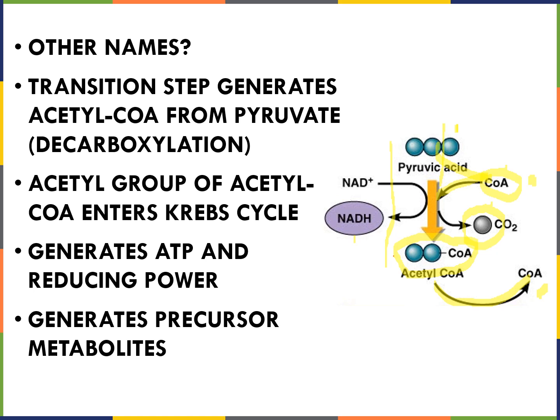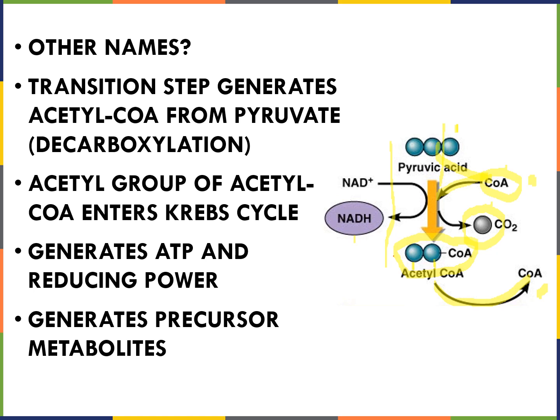So that molecule of CoA is recycled back up top, and it's able to be reused over and over again. Because it is only this 2-carbon structure, which is known as an acetyl group. This is a chemistry term. This 2-carbon structure, the acetyl group, is the structure that enters into the Krebs cycle.